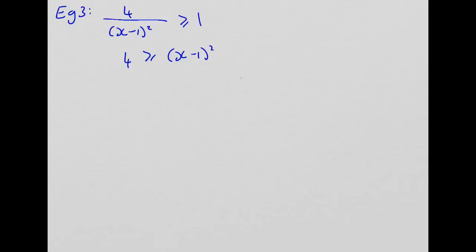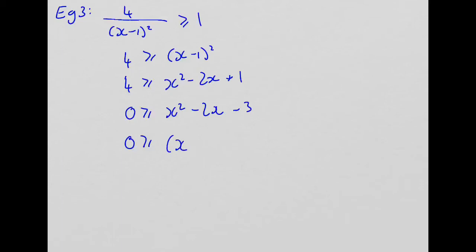Now what I would do is multiply out the binomial squared to get x squared minus 2x plus 1. Now bring the 4 over. So x squared minus 2x, and then 1 minus 4 is minus 3. Then we factorize the trinomial to read (x minus 3)(x plus 1). So our critical values are +3 and -1.